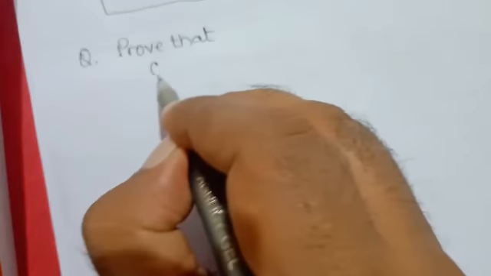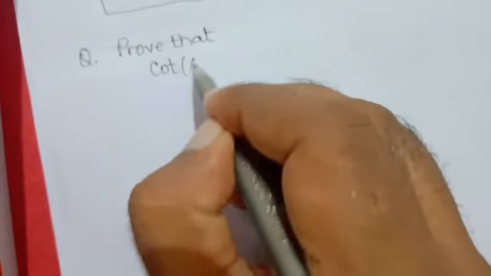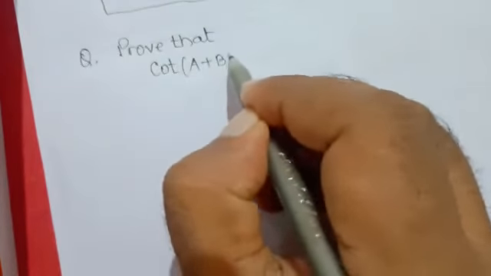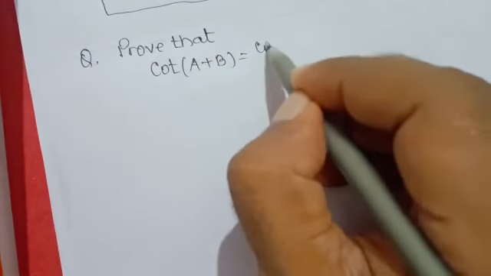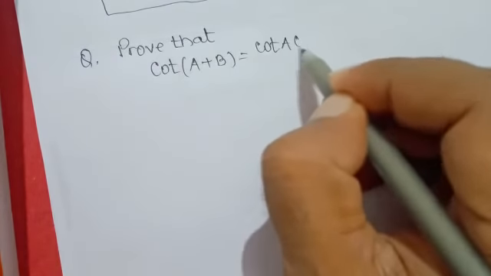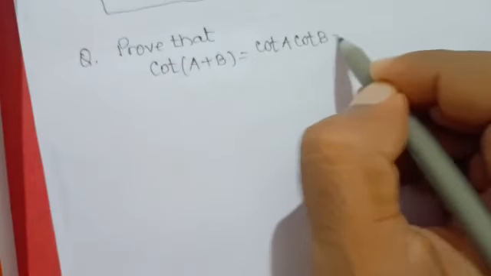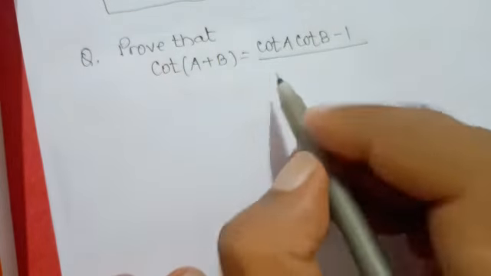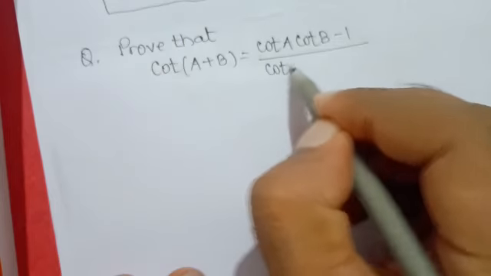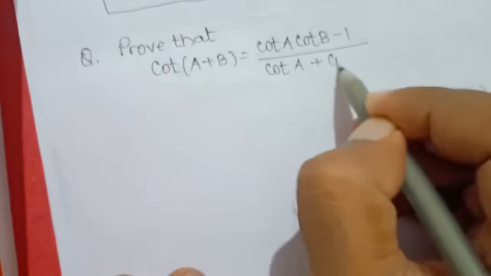Now see another formula. Prove that cot(A + B) is equal to (cot A cot B − 1) divided by (cot A + cot B).